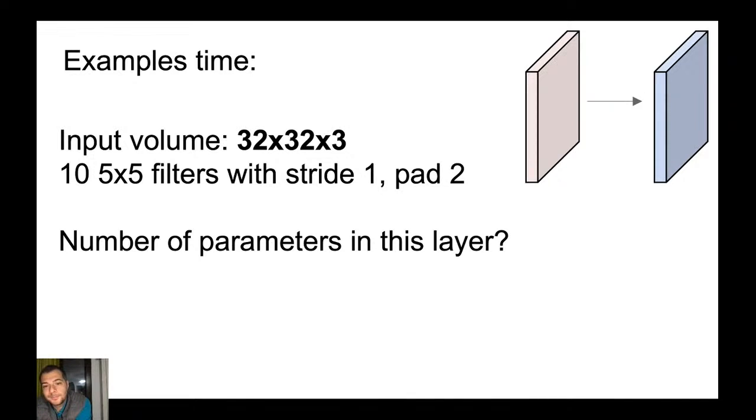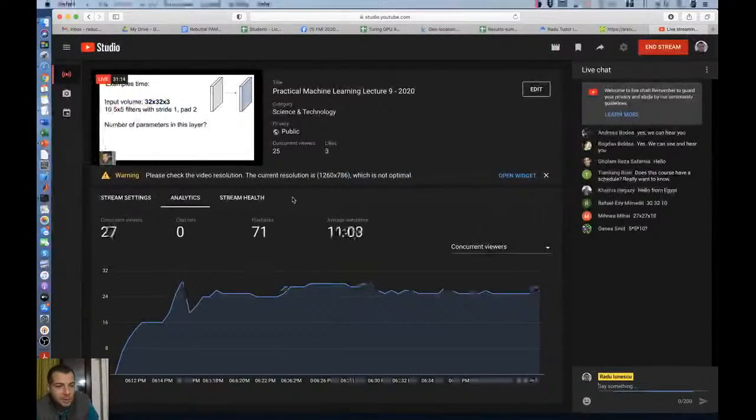So the question is, what is the number of parameters in this layer? The parameters are the components of the filters that are learned, and you have to consider all the filters and also include the bias terms in order to answer this question, because the biases are also learnable.